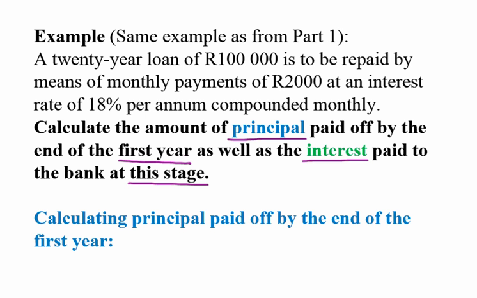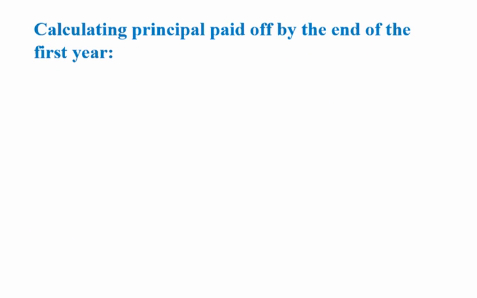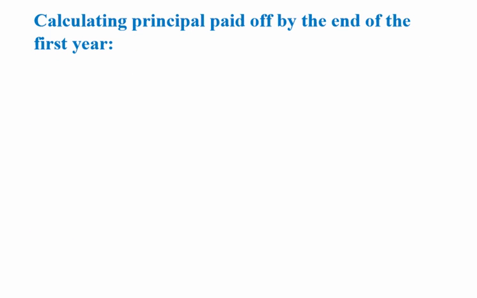Always remember to read your questions very carefully and underline as you go. So there are 2 parts. Let's have a look at the principal part first. In other words, we're going to calculate the principal paid off by the end of the first year. As with all finance questions, I want to pop a timeline on here to help me along.